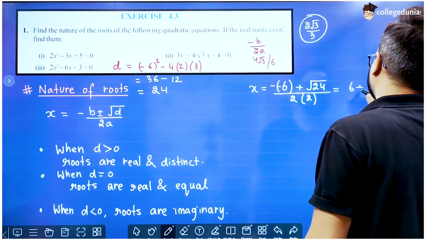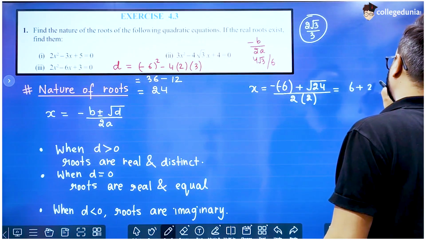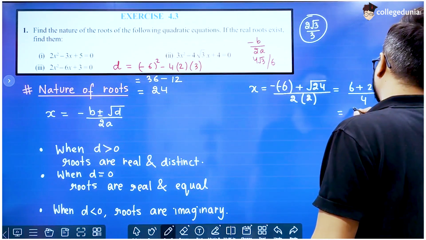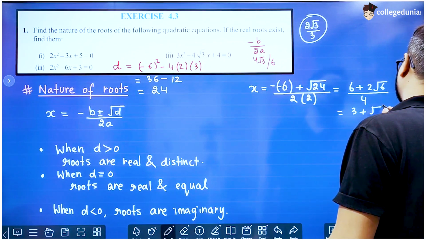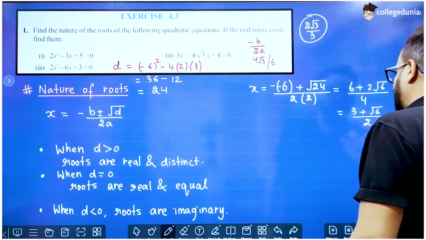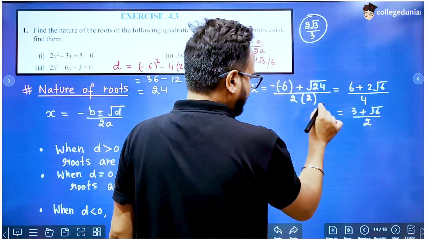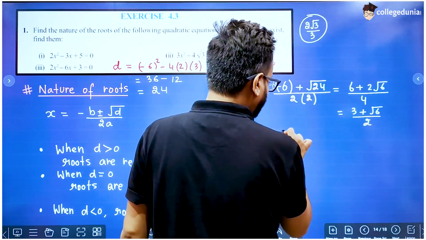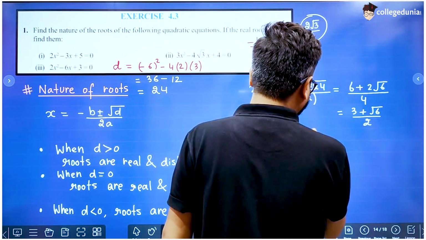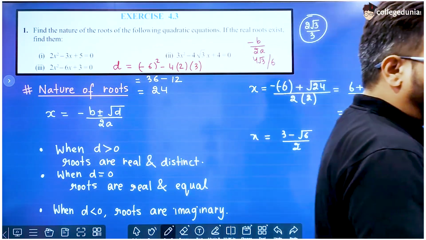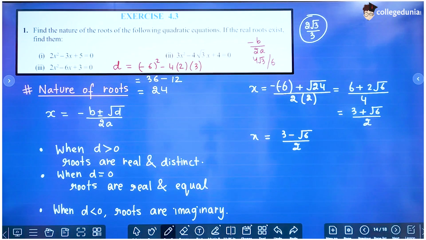So 6 plus root 24, which is 4 into 6, that is 2 root 6, divided by 4. If you take 2 common, you are left with 3 plus root 6 divided by 2. So that is one root, and the other root is simply, everything will be the same, but instead of this plus sign you will have this minus sign. So this is 3 minus root 6 divided by 2. So this is the quadratic formula to find the roots.